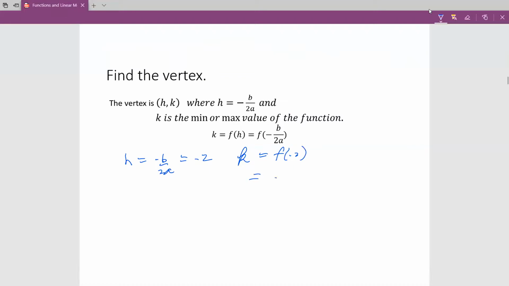And that would be minus 2 squared plus 4 times minus 2 plus 3. And so k equals minus 1. So the vertex is minus 2 and minus 1.